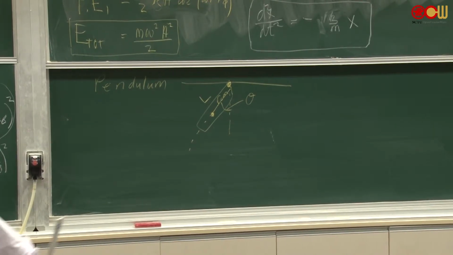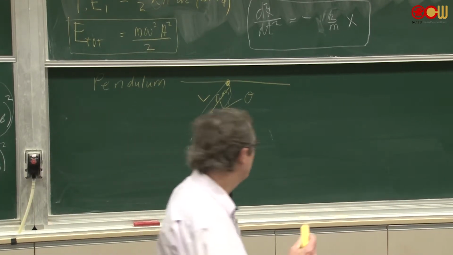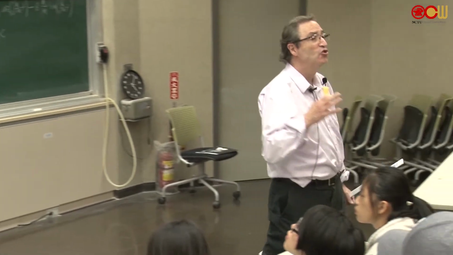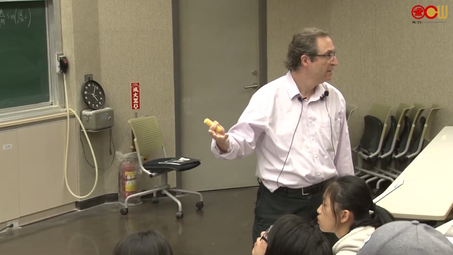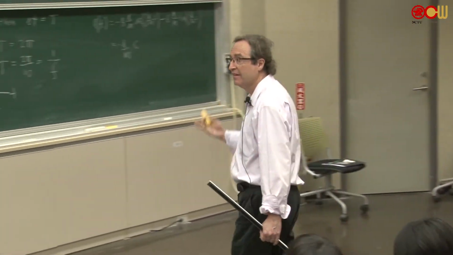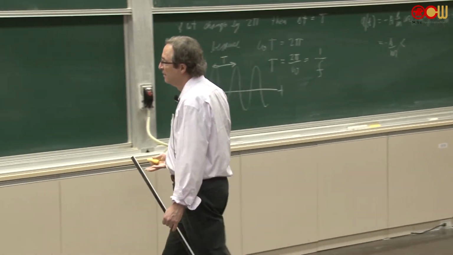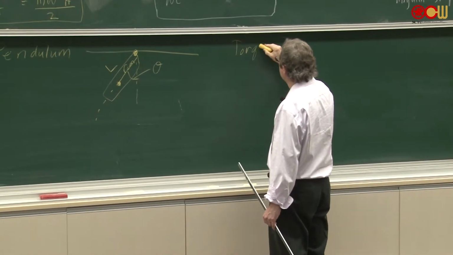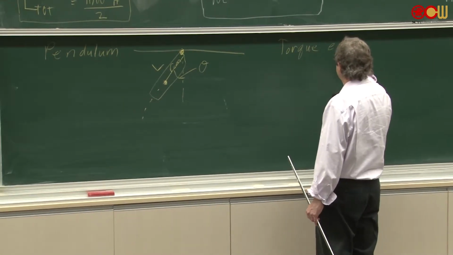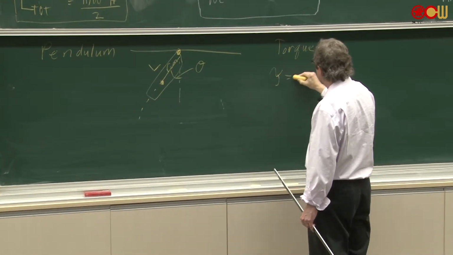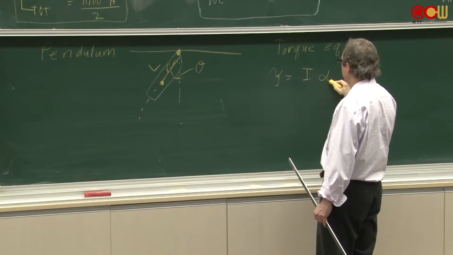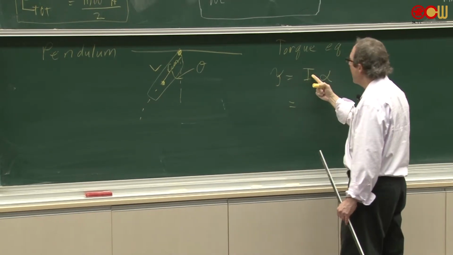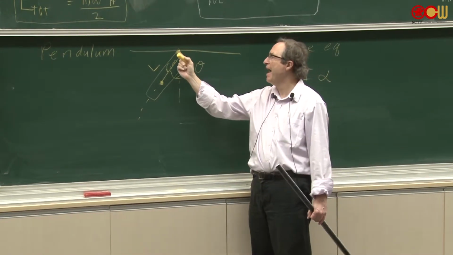All right, so there are many ways of doing this, but because we have a rigid object, I like to use torque rather than anything else. So the torque equation, tau equals I alpha. And I is the moment of inertia about this point.